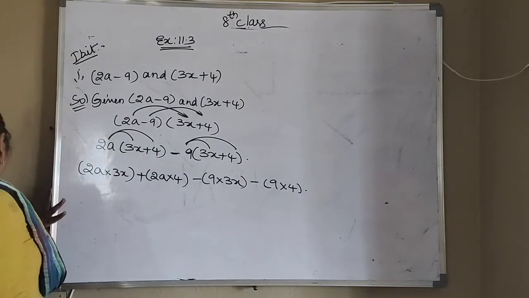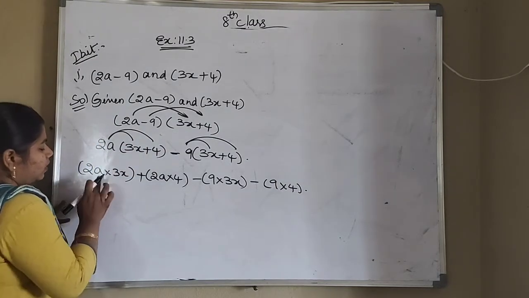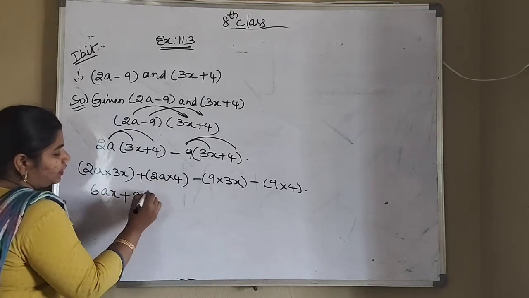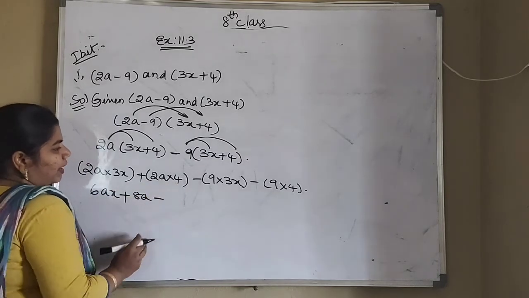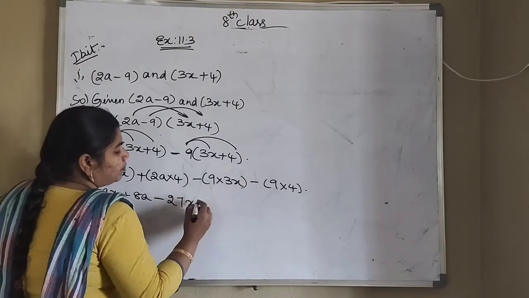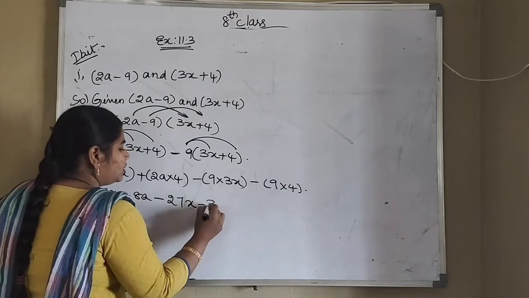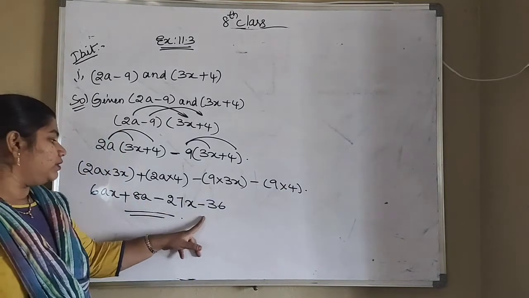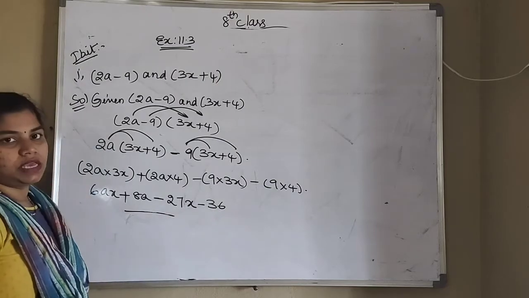Now 2 3s are 6, a into x is ax, plus 2 4s is 8a, minus 9 3s is 27x, minus 9 4s is 36. So this is our result. In this we don't have any like terms, so leave it in the same order.